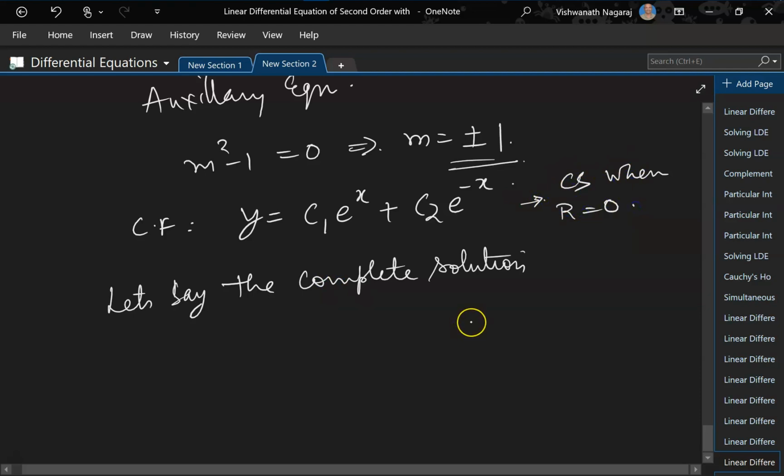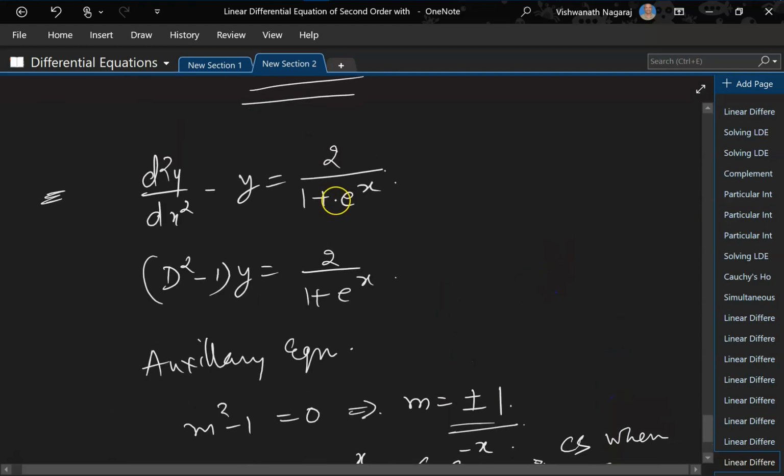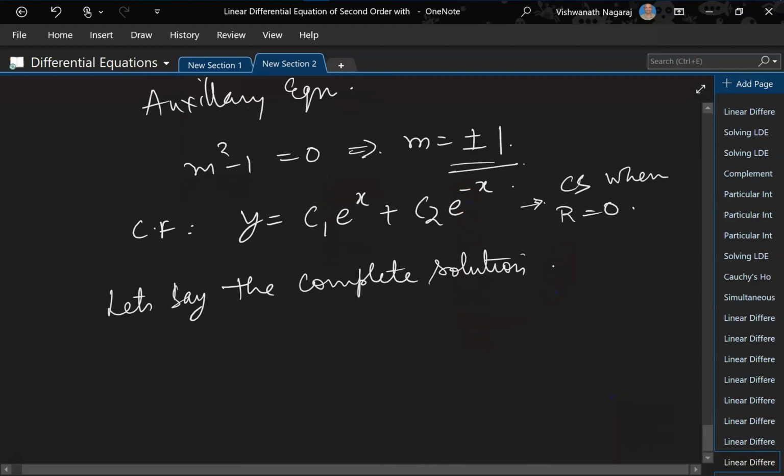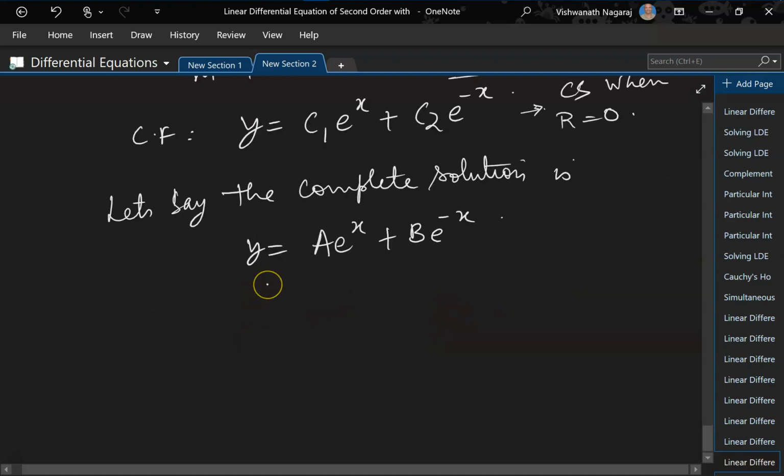So let us say the complete solution for the given equation, where r is not equal to 0, is y equal to a e^x plus b e^(-x). As part of the derivation, we looked at y equal to c1u plus c2v. So here u would be equal to e to the power of x and v is equal to e to the power of minus x.